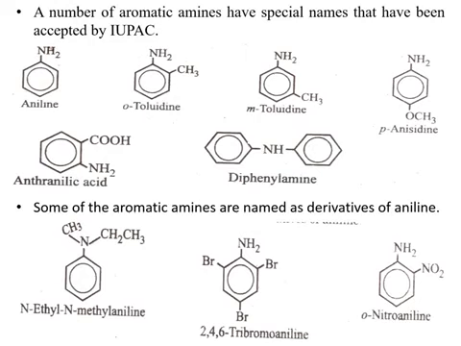If these hydrogen atoms are substituted by methyl or alkyl group, then the parent name will still be aniline, and the substituents will be written with their names like N-ethyl, N-methyl aniline, 2,4,6-tribromoaniline, and the last example is orthonitroaniline.